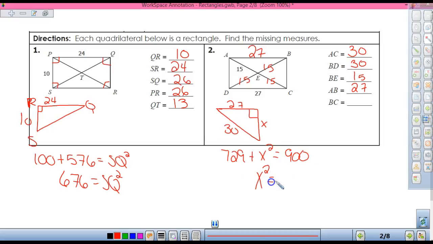So x squared is 171. Square root it. 13.1. So 13.1. Do you want the nearest 10? Remember.